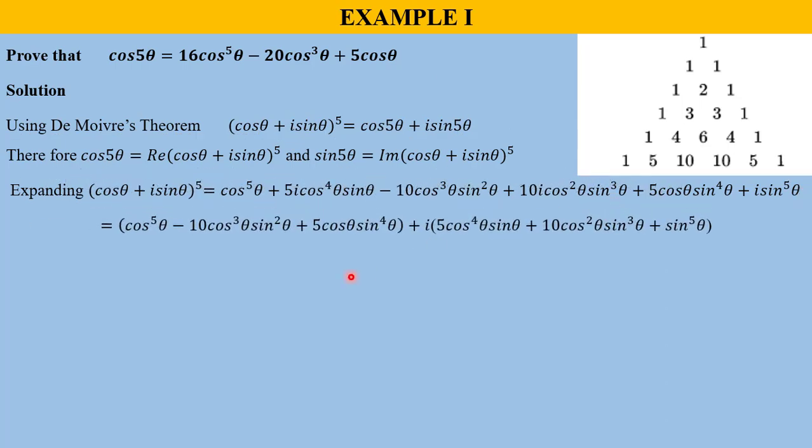Then the next step is to collect like terms, bringing real parts together and imaginary parts together. So we shall find that the real parts are cos power 5 theta minus 10 cos power 3 theta sin squared theta plus 5 cos theta sin power 4 theta, plus i into 5 cos power 4 theta sin theta plus 10 cos squared theta sin cubed theta plus sin power 5 theta.